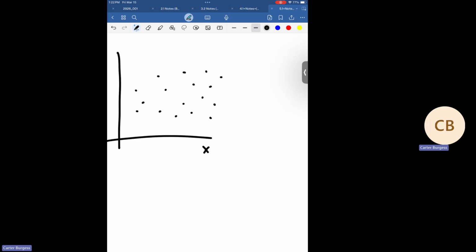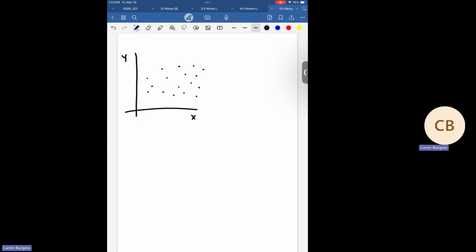It's very chaotic. Yes, my y is changing, but it doesn't seem to be changing in relation to the x. There isn't a definite pattern to it. We don't have any kind of fixed ability to make predictions. And so we would say that there doesn't appear to be any correlation. It's an unpredictable kind of change.